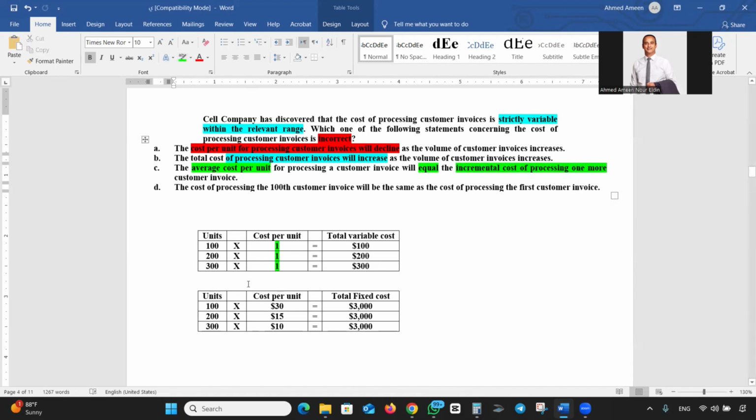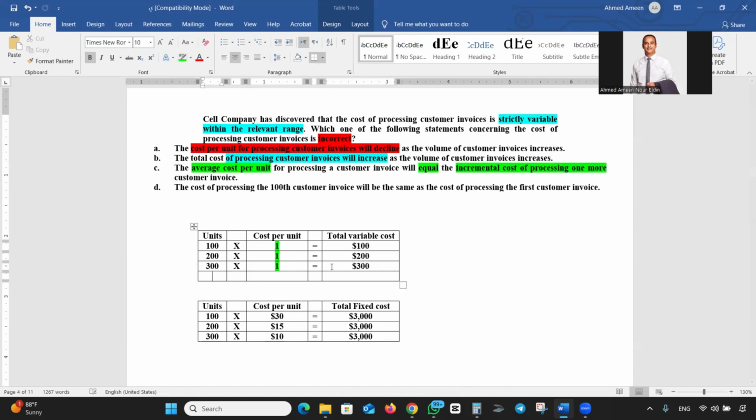Of course, if we produce 400 units, for example, the cost per unit will be equal to the average that you have calculated before, which is 1.